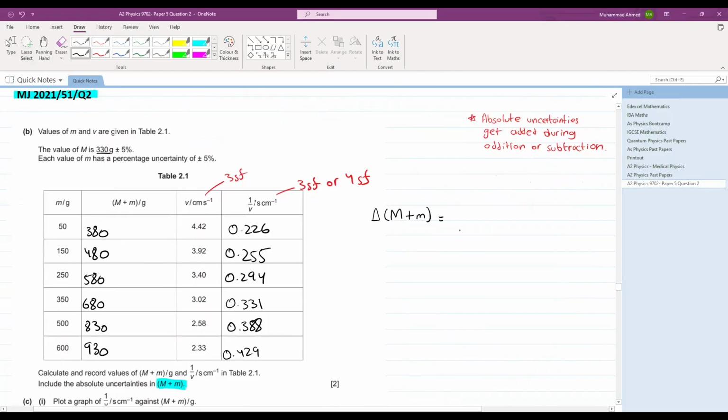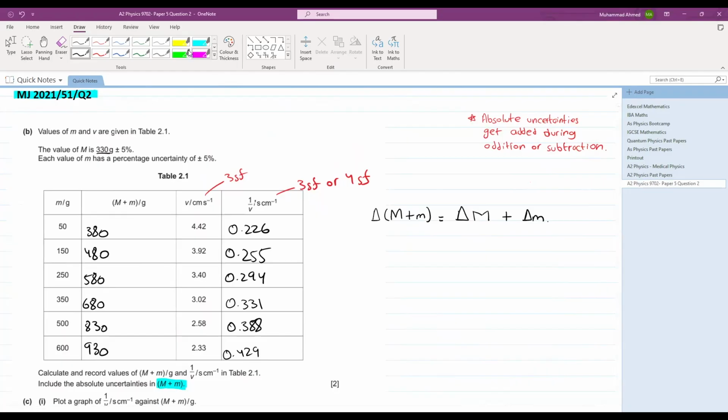If you can see, the two variables are getting added up. By that, what do I mean? If you want to calculate the absolute uncertainty of the entire thing, that is capital M plus small m, you will basically add the absolute uncertainties of the two variables.